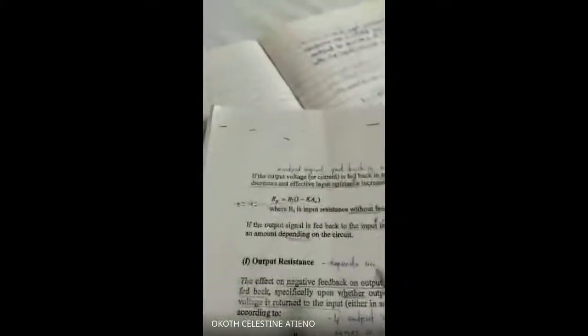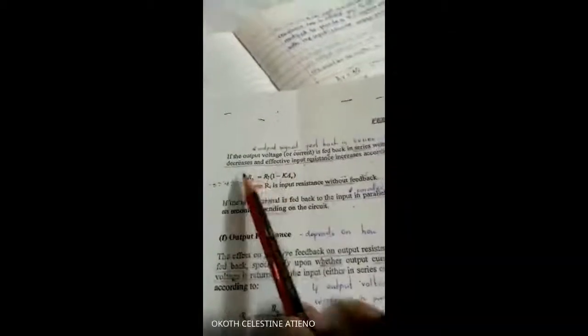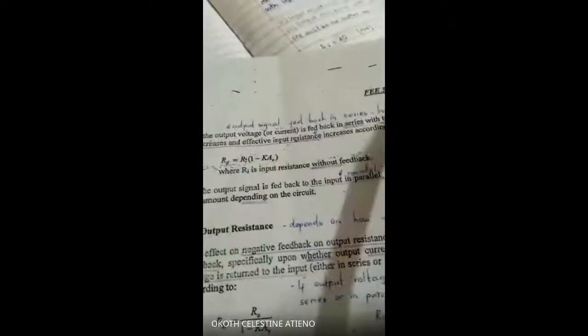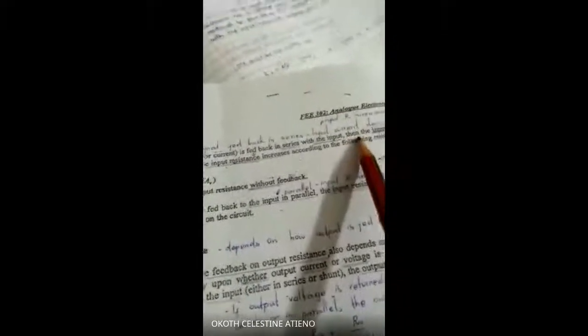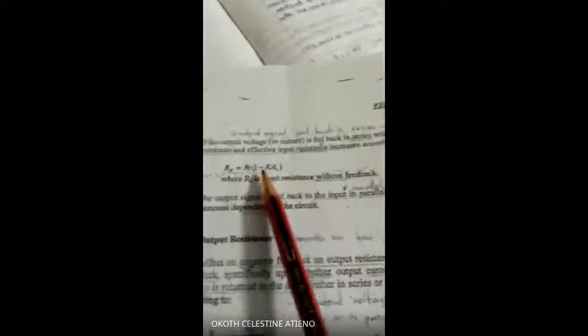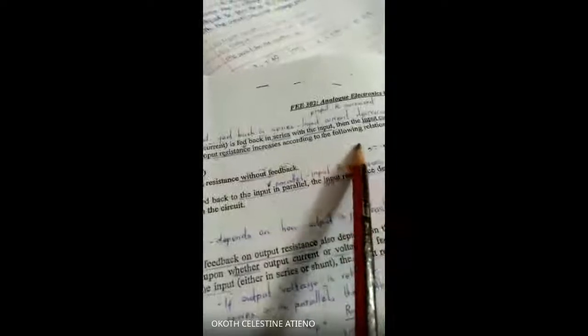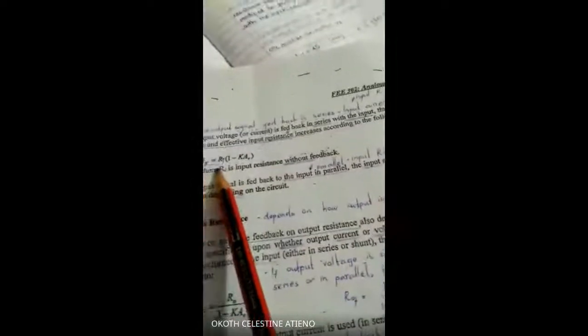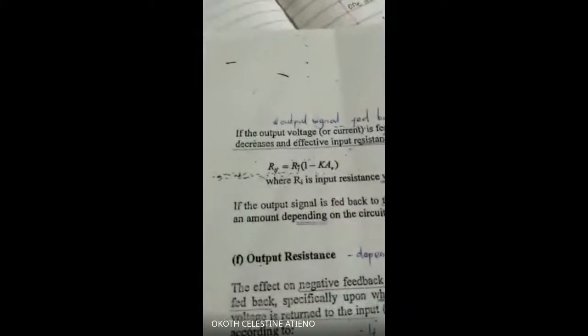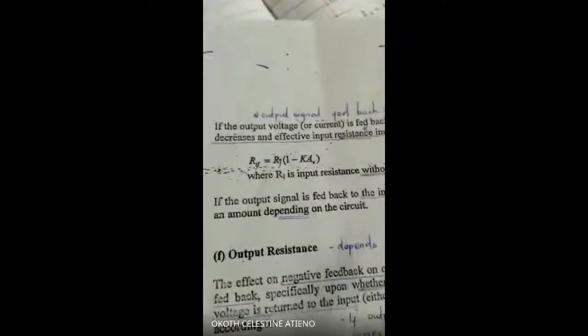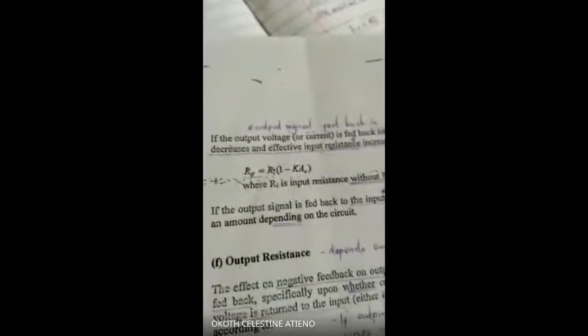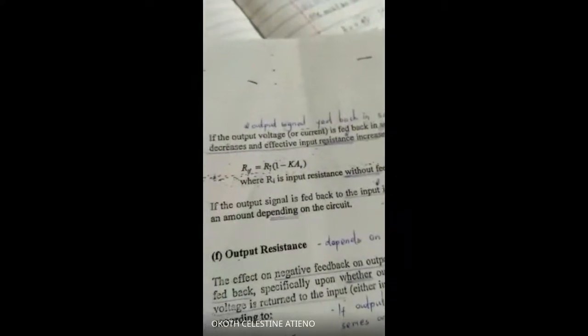For input resistance, we're being told if the output voltage or current is fed back in series with the input, then the input current decreases and effective resistance increases according to the following relation. If we feed back the voltage in series with the input, input current will decrease and effective input resistance will increase.